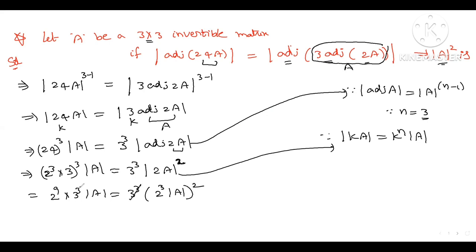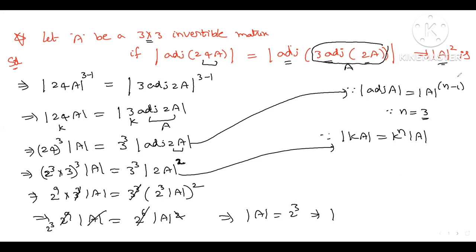Here both sides 3 cube get cancelled. 2 to the power 9 into det of A is equal to 2 to the power 3 whole square, 2 to the power 6 into (det A) whole square. So both sides one det A cancels, as well as 2 power 6, leaving 2 power 3. So we get det of A is equal to 2 cube.